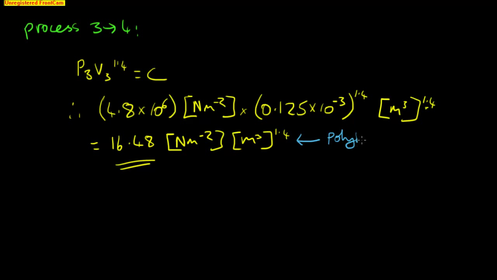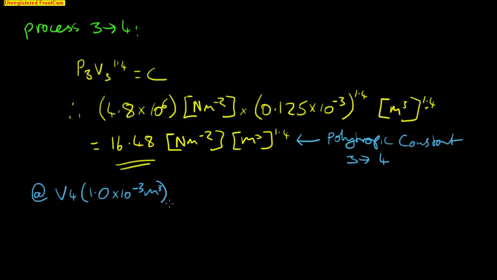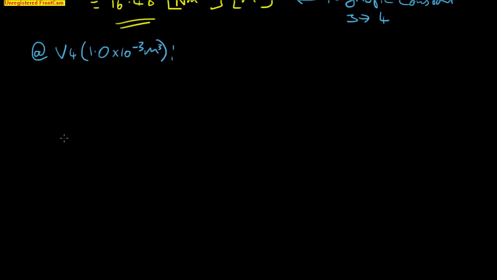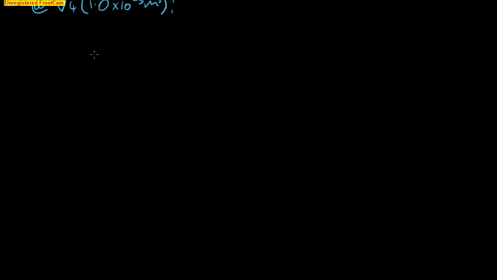Again, we'll just leave those units as they are. So this is our polytropic constant for 3 to 4. So at V4, which we know is 1 litre, or 1 by 10 to the minus 3 meters cubed, we can again, same thing, just calculate our pressure.